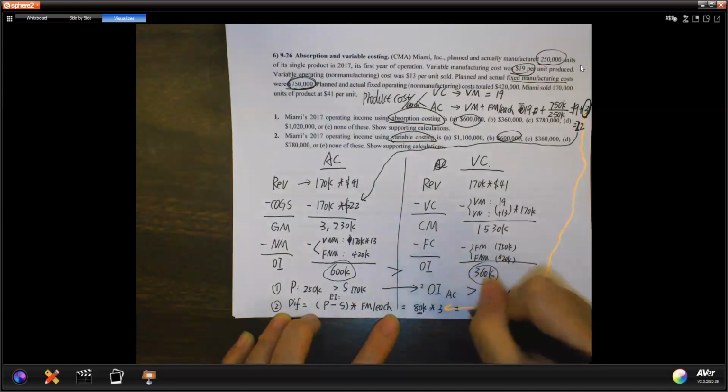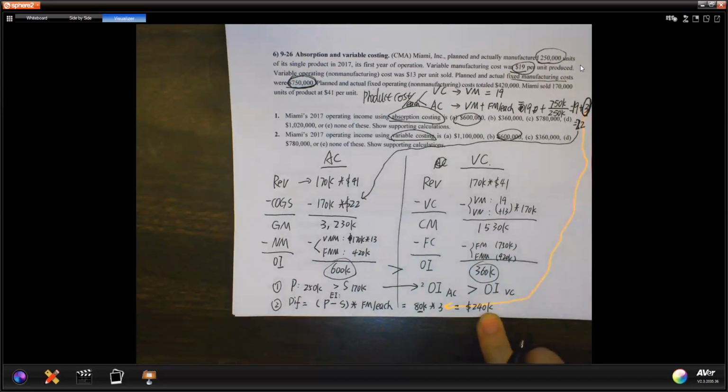So we have 240,000 that should have been expensed if we sold all the products. But because we sold only part of our products, these 240,000 were not sold, so they couldn't be expensed. They had to be deferred as your ending inventory instead of going to your income statement.